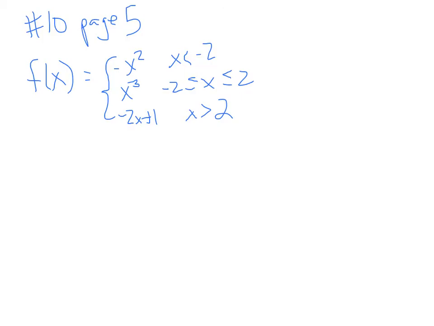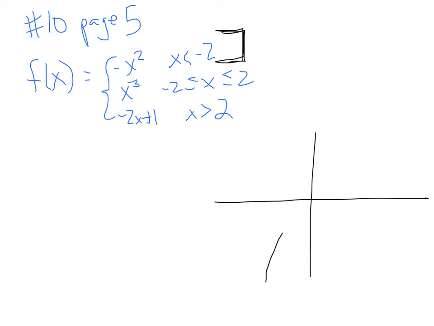I'm going to start with the first piece. Negative x squared is a quadratic, it's a parabola, and the transformation that's happened is it's flipped upside down because of the negative in front. So if I had no constraints, it would look something like that.